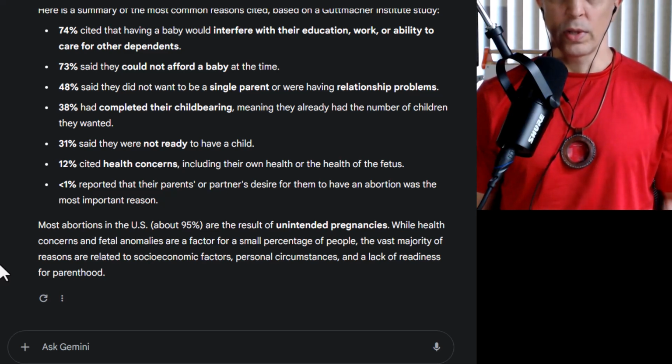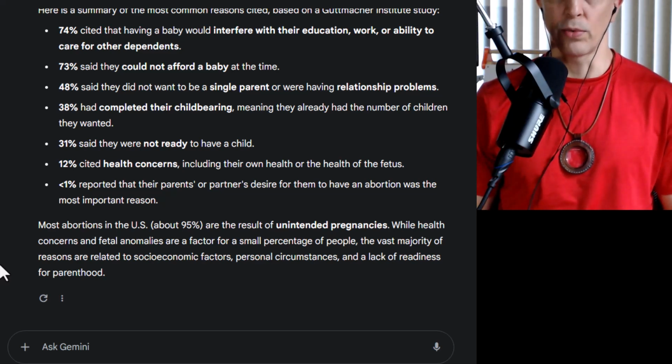It doesn't even list that here. But those make up, it's negligible. The number of rape, incest, and medical emergency is almost nothing compared to the 99.9% of abortion cases that are, which you can see here. All these percentages of what people are claiming they're killing their babies for.